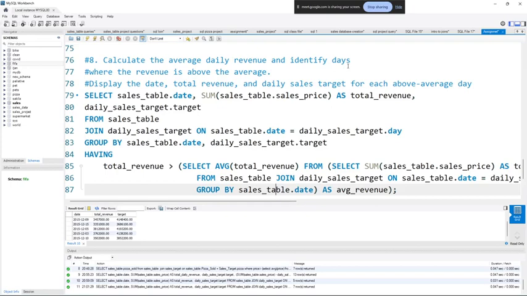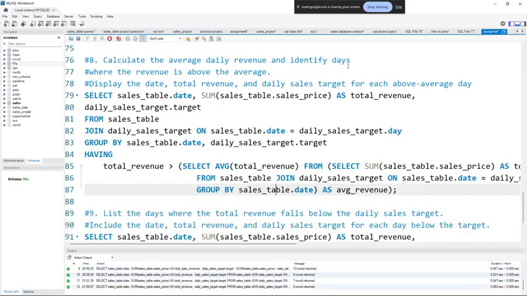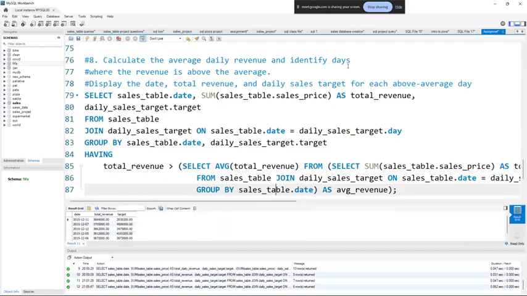And now, identify days. That's the question. Identify days where the total revenue is above that average. Yes, so 6 days came out.